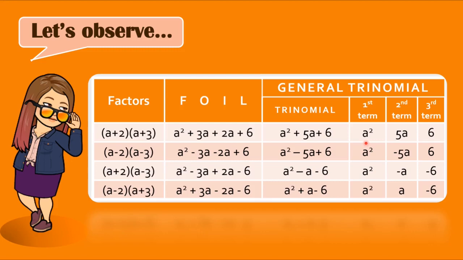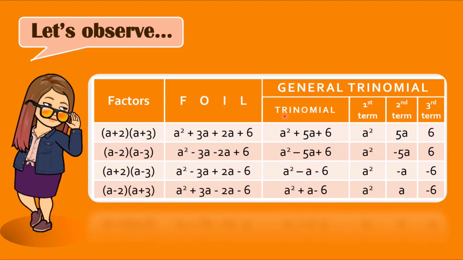It's a squared. Where do you think it came from? How about 5a? And how about 6? Now can you see the patterns in the first, second, and third term in relation to the given factors? Are those patterns the same on the second, third, and fourth rows?